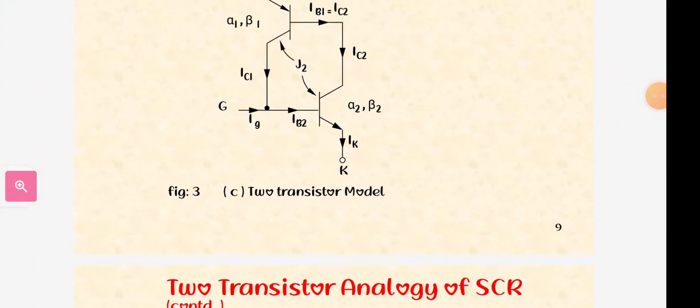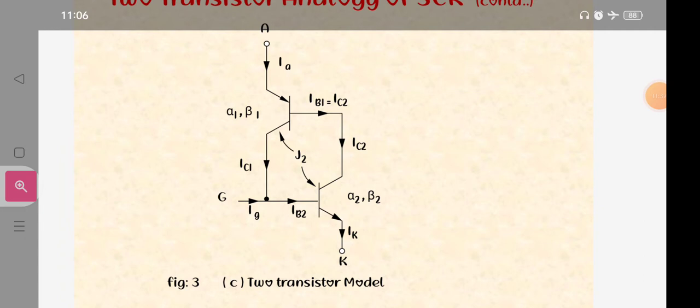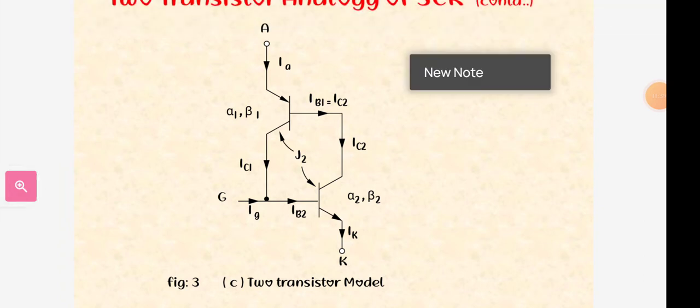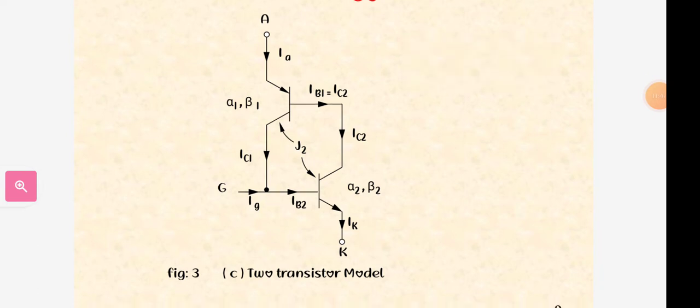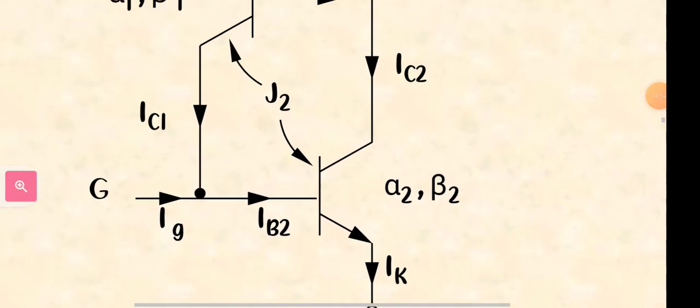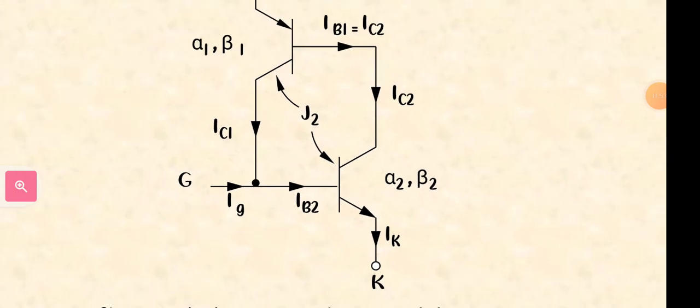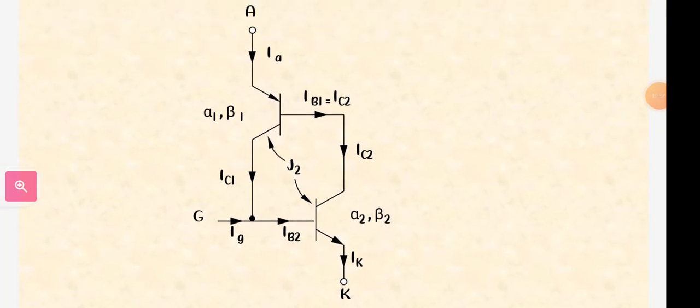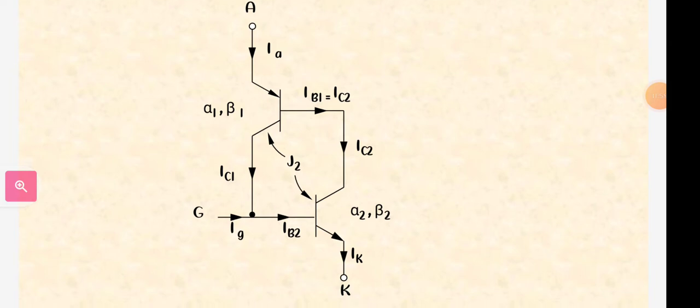The current flows from anode to cathode using the gate signal, the gate pulse. This is the PNP transistor and this is the NPN transistor. The combination is one SCR. It has the IA current and finally the IK current, and the gate signal is applied as IG current.